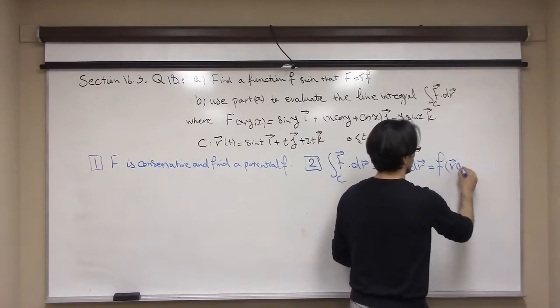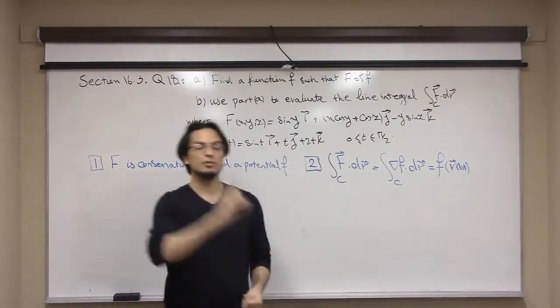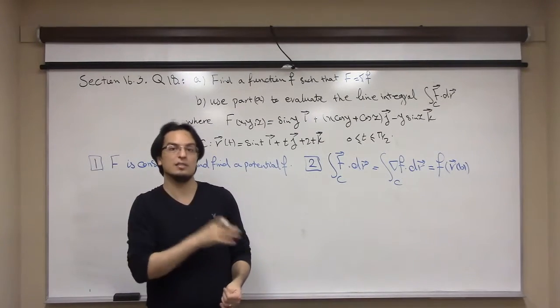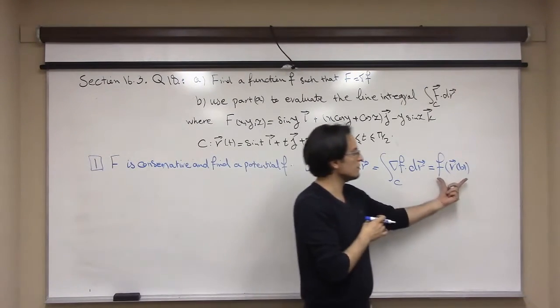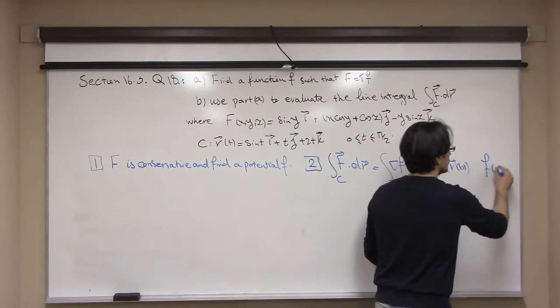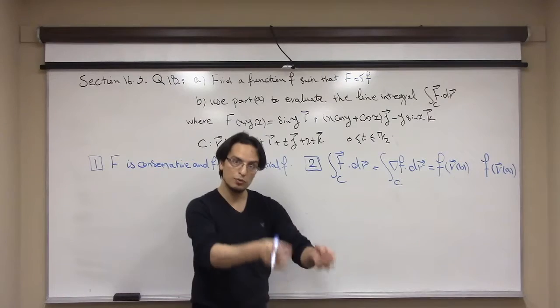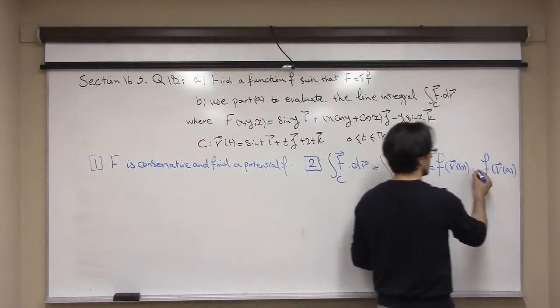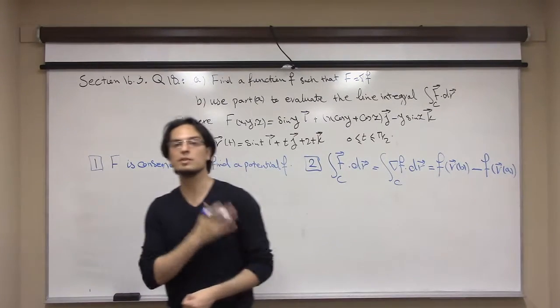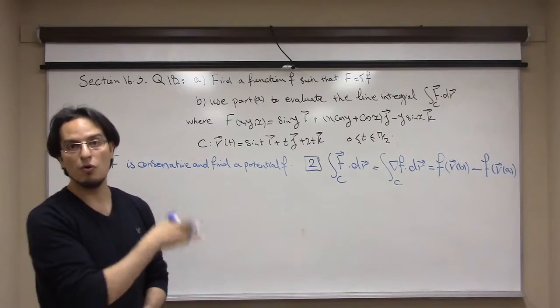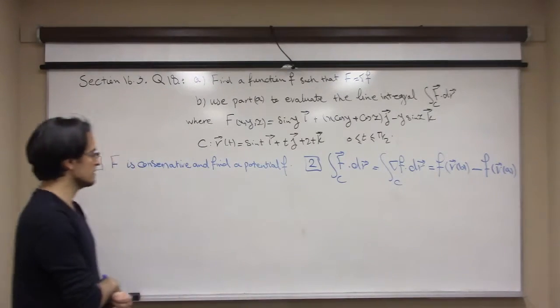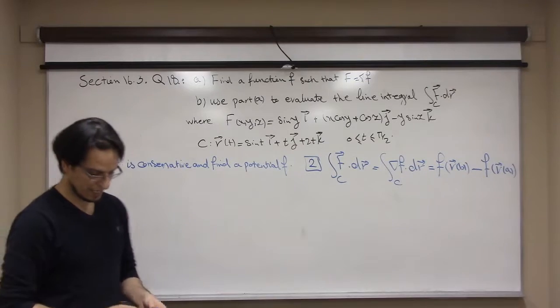The end point is given. Then you plug it in your potential function. Also do the same thing for the initial point. You find the initial point, plug it in your potential function, and subtract it. That's called the fundamental theorem for line integrals of vector fields. Okay, so that's the general theory.